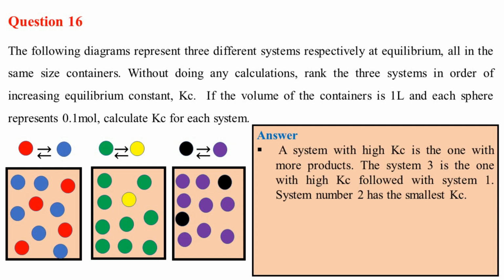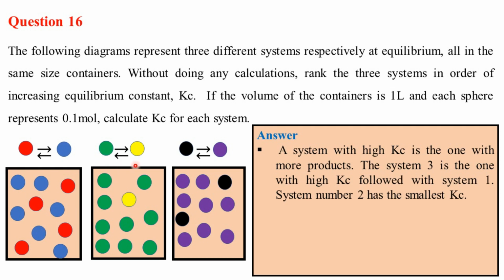So now let's rank them according to the Kc, ranking the three systems in order of increasing equilibrium constant. So how do we proceed? Let's start with the first one. This is the reactant and this is the product. This one has both reactant and product, so it will not have the high Kc because reactant and product are all present.